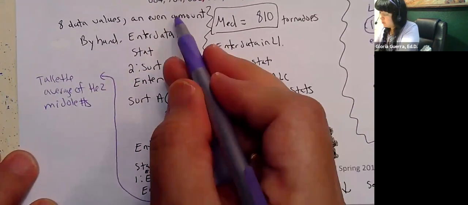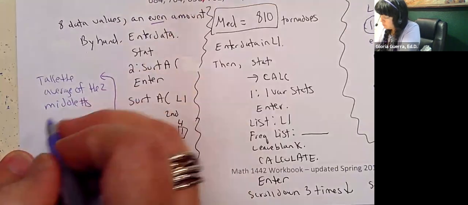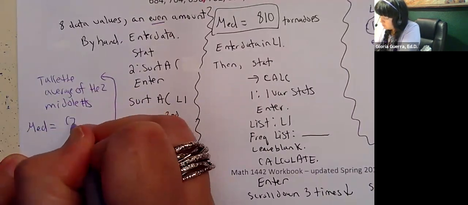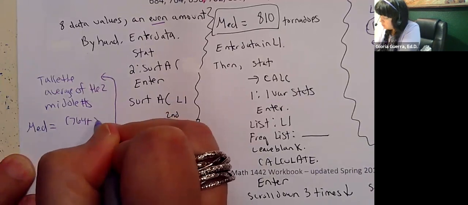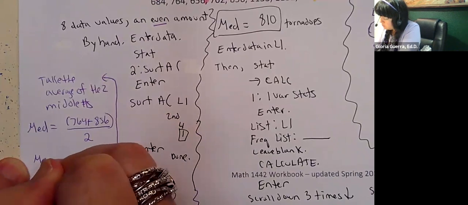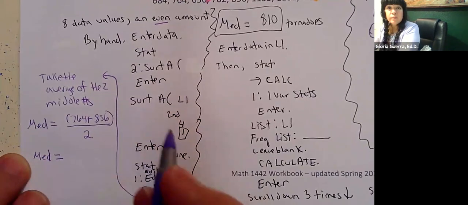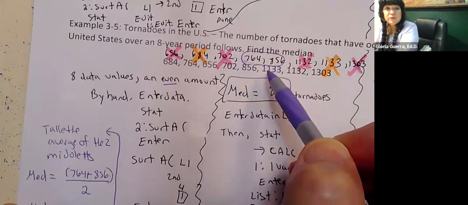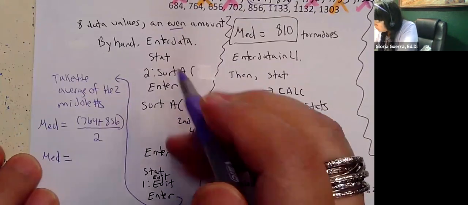This one had an even amount. So you have median equals 764 plus 856 divided by 2.